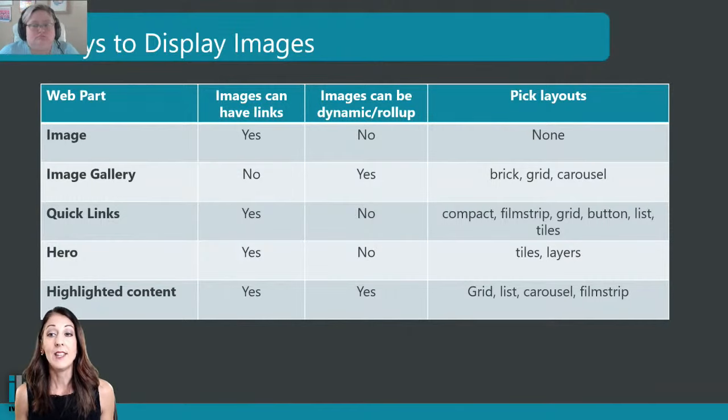And then, yes, they can definitely be dynamic and roll up because the highlighted content web part is very versatile, and it lets you roll up just any particular type of content. You can roll up news, documents, anything like that. And you can roll up from various places, the site, the hub, a specific site. There's a ton you can do with it. And then that one has grid, list, carousel, and film strip.